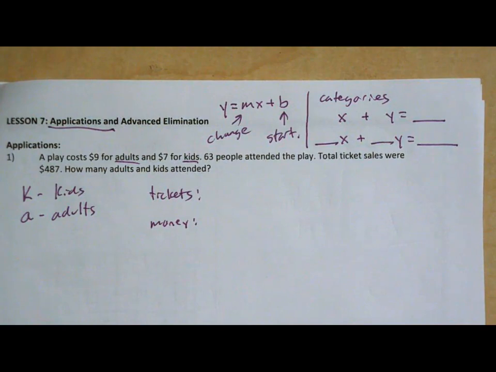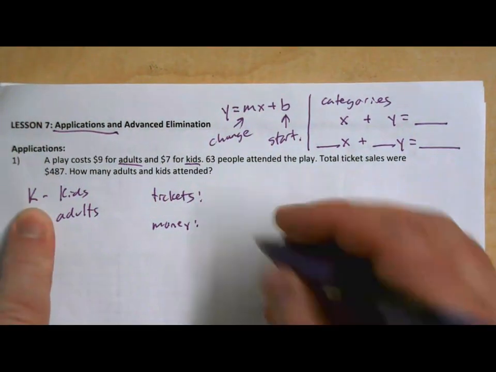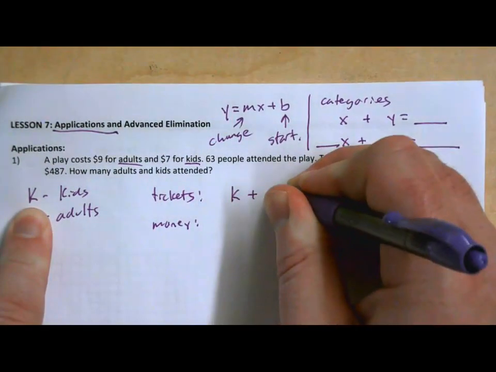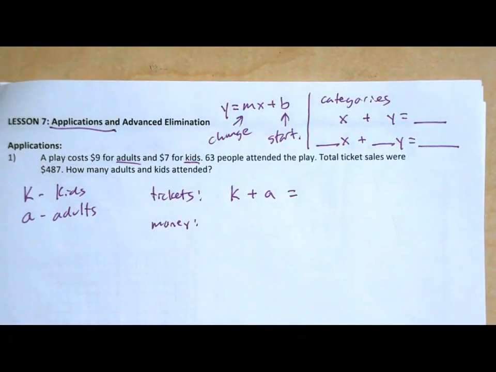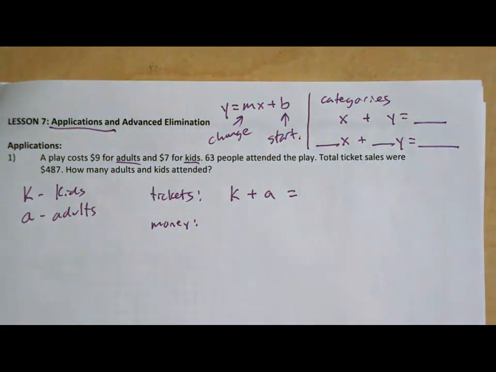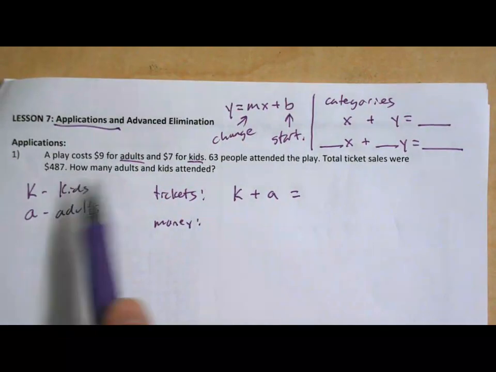All right, let's write an equation for tickets. K plus A equals, if K and A are the number of tickets that kids and adults bought, if we add up the total number of tickets, the kids' tickets plus the adults' tickets, what number are we going to end up with in this situation? If we add up the number of tickets, is it 9, is it 7, is it 63, or 487?